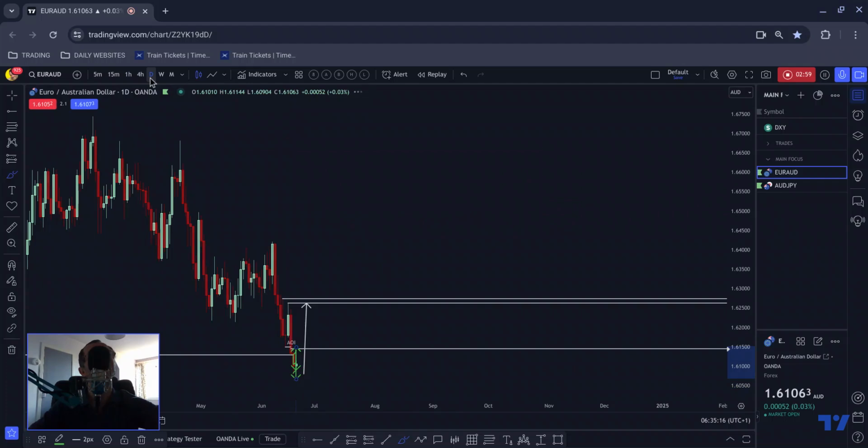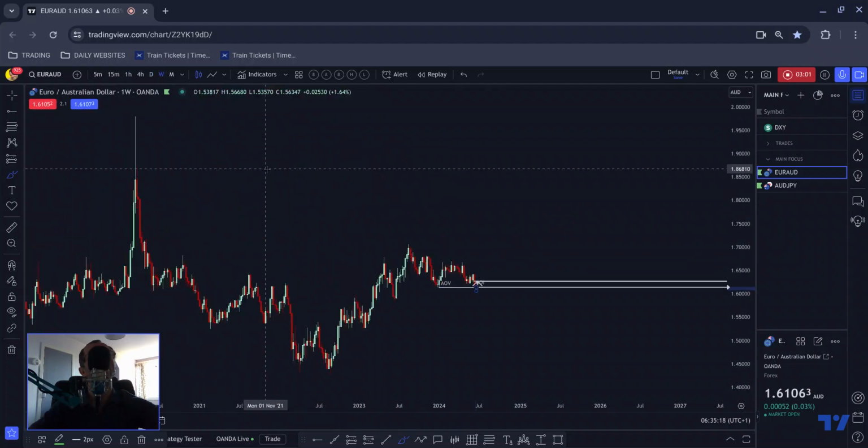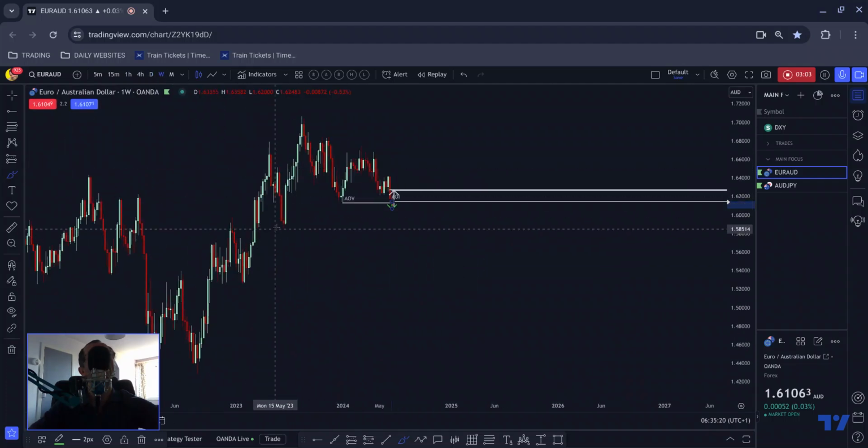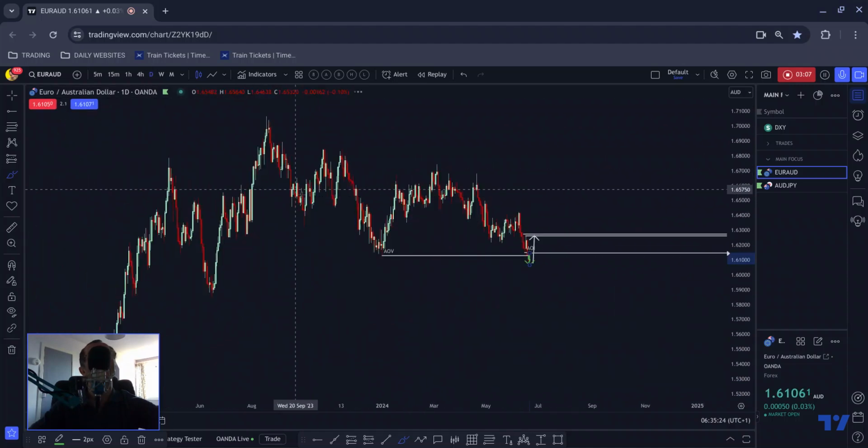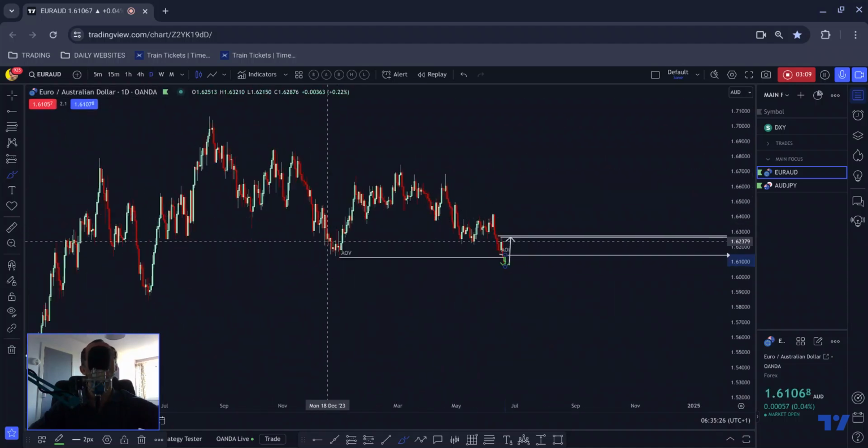The reason I'm not looking for that, and I don't think that's likely, is because if you look at where the next area of value is, it's all the way down there. So the question I'm asking myself is, does this little correction here have enough volume to take it all the way down to there? If we just measure that impulse, let's try that again.